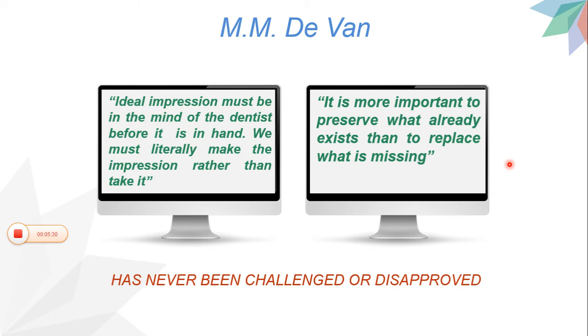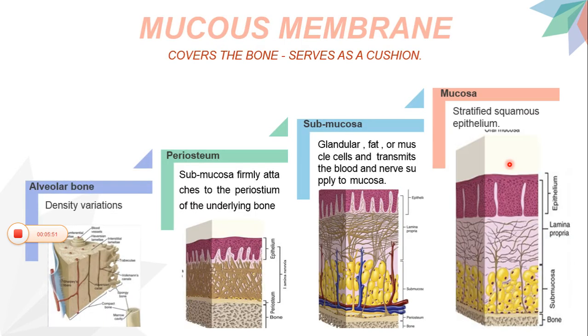Improperly made impressions definitely trouble the foundation tissues, and they deteriorate the basic structures. So the future prognosis of the complete dentures will be in a questionable state. So regarding that, we need to know about the structures of the mucous membrane of the oral cavity.